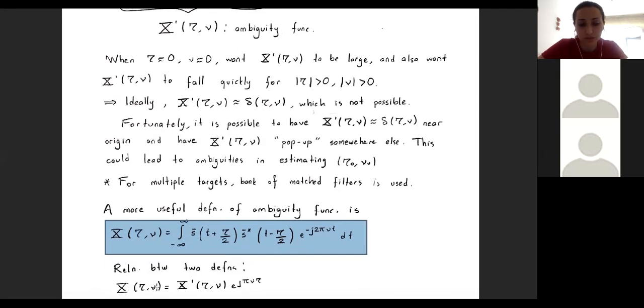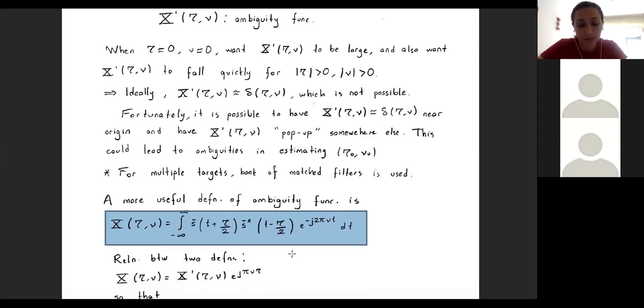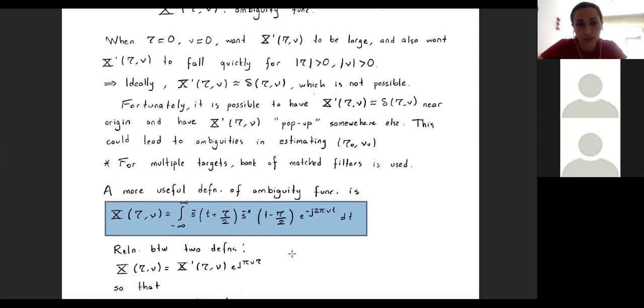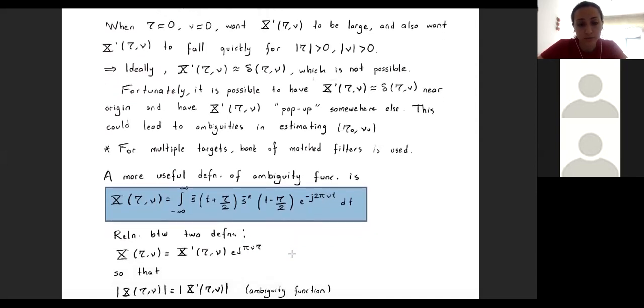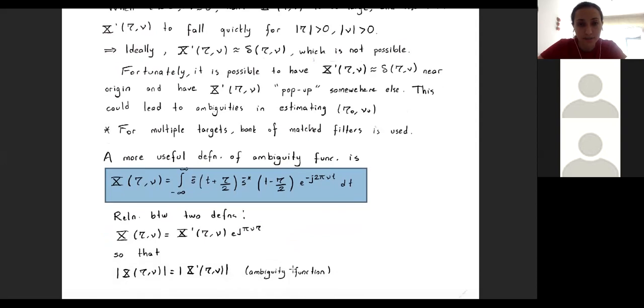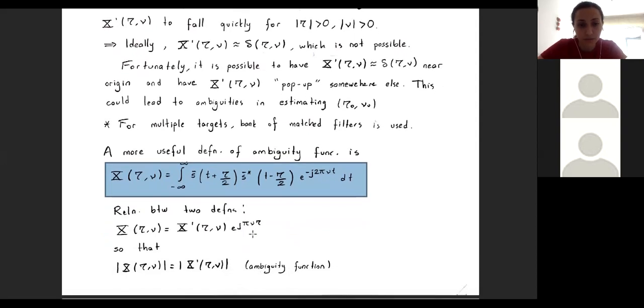So they're simply related to each other by multiplication with a complex exponential. You can actually use any of them for both purposes, but we're going to stick to this definition for now because it has nicer properties mathematically, because of the symmetry between the delays.